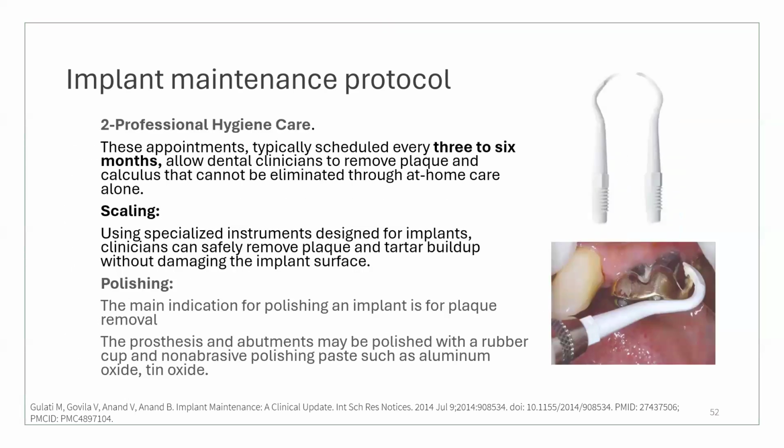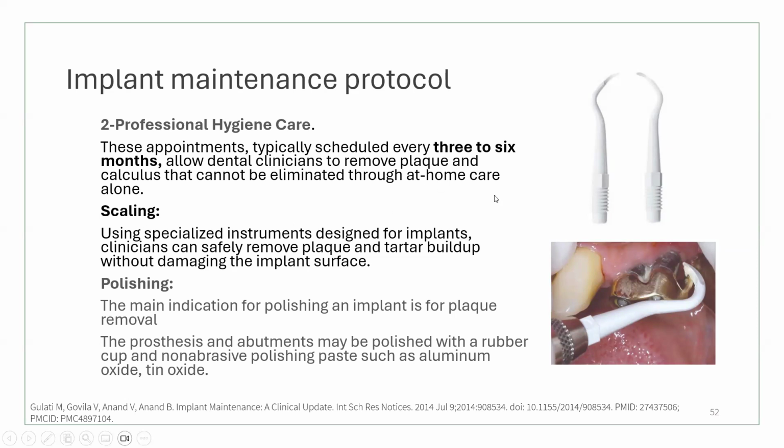Okay, for the professional hygiene care, these sessions must be scheduled every 3 to 6 months, and it depends on each case and how much this case is at risk for developing periodontal disease, for example. Okay, so we do scaling and polishing.